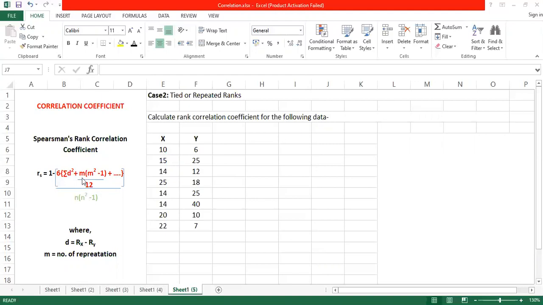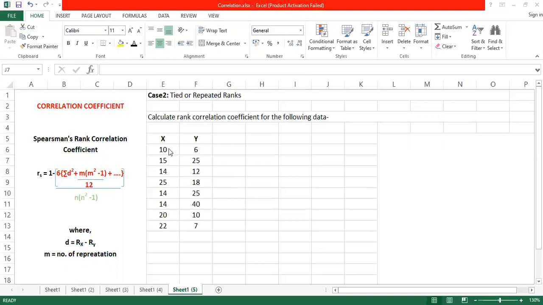Now, what is m? M is the number of times one value is repeating. For example, if 10 is repeating twice, then the value of m will be 2. If it is repeating 4 times, then the value of m will be 4, right?